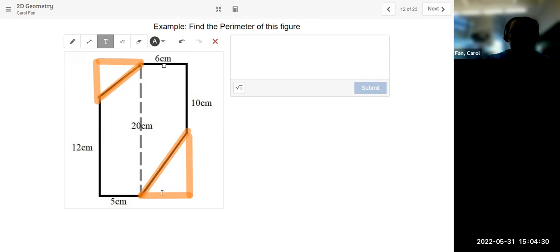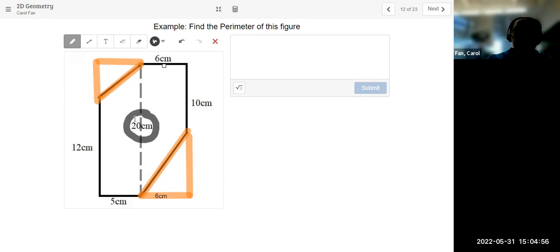Now, one thing I do know is that this is 6 centimeters. That means that down here, we're also going to have 6 centimeters. This height, I don't know what it is, but I know that the entire height is 20, as indicated in the middle.